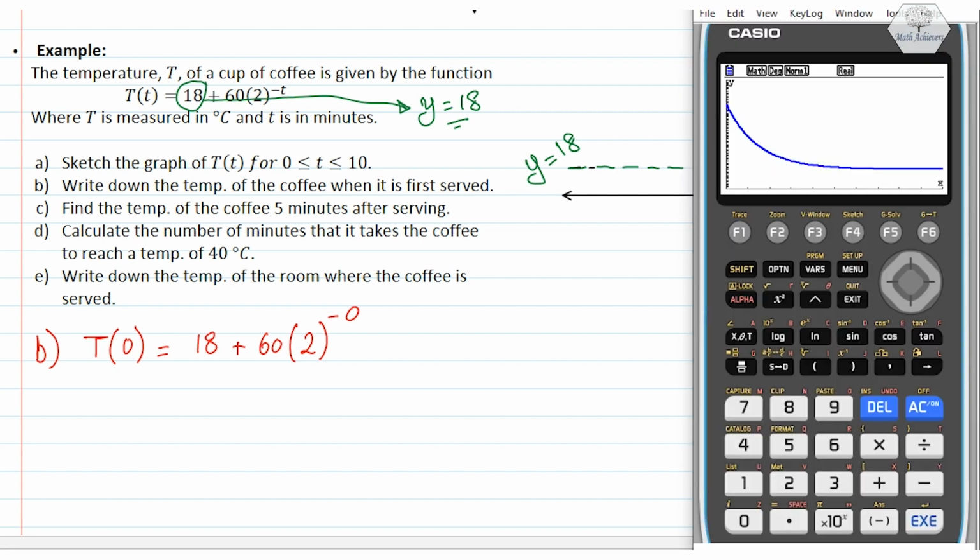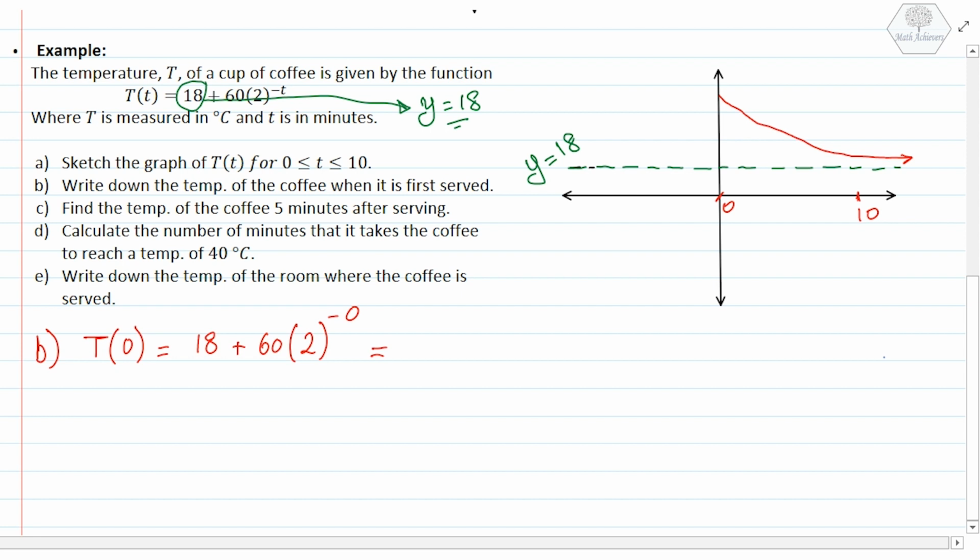We go to Shift G-Solve and I go to Y-Calc, because I have the x value, which is the small t value, and I need the temperature. The calculator will ask me for the x value. It is 0. Then the temperature, the y value, is equal to 78 degrees Celsius.